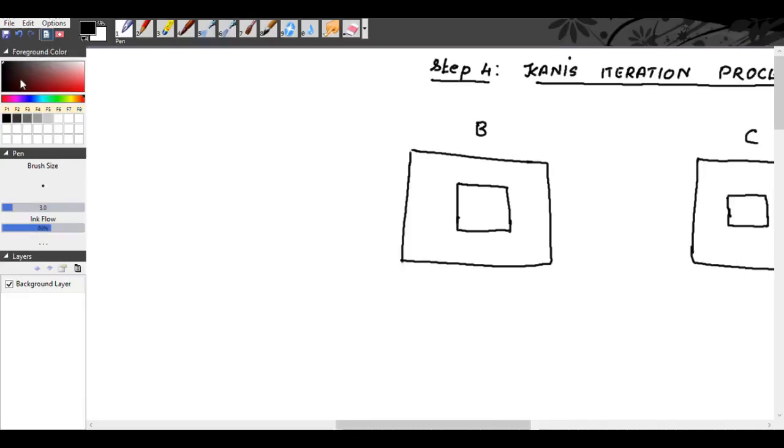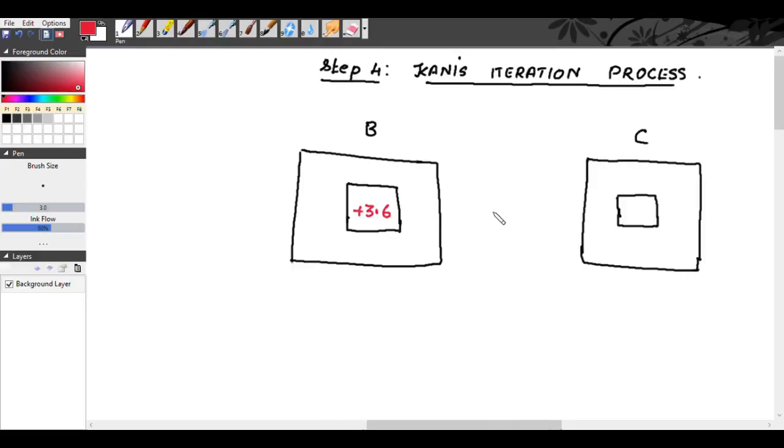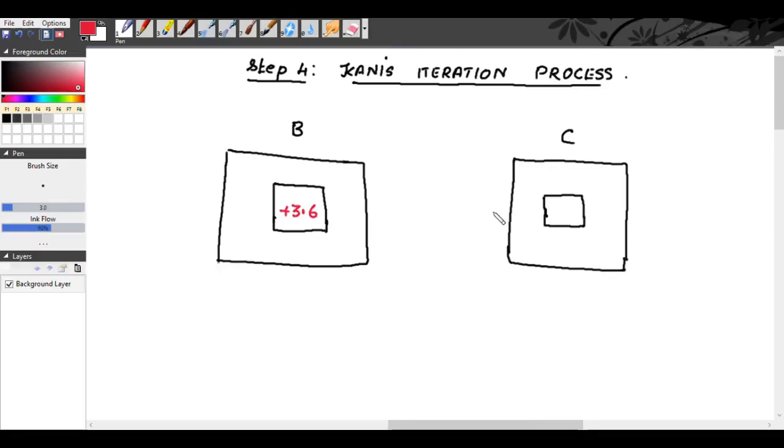So at B the resultant restrained moment is plus 3.6 kilonewton meter, and at C minus 1.4 kilonewton meter.